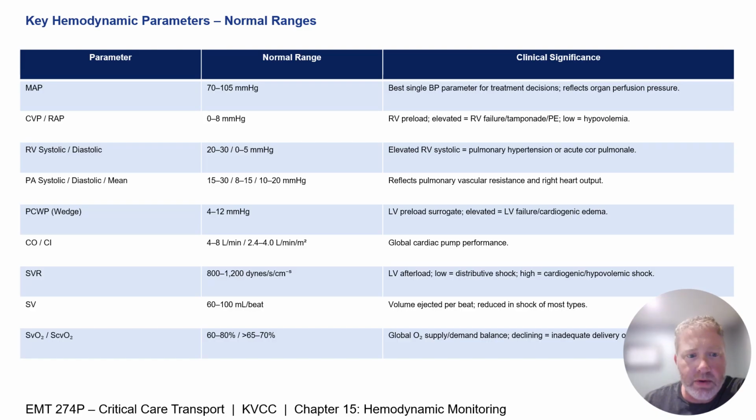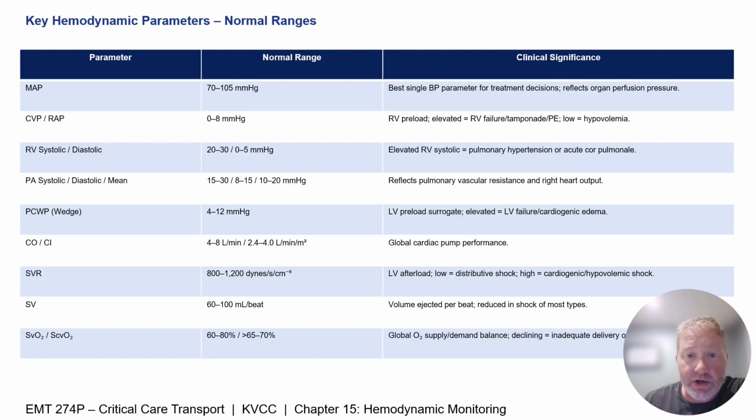So your MAP, your mean arterial pressure, estimates the perfusion pressure, okay? The CVP estimates right-sided heart filling, so that would be your preload, okay?